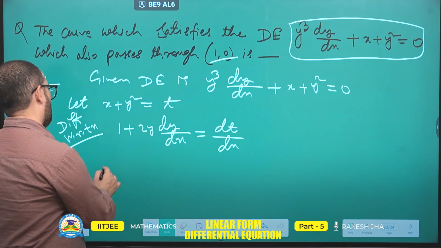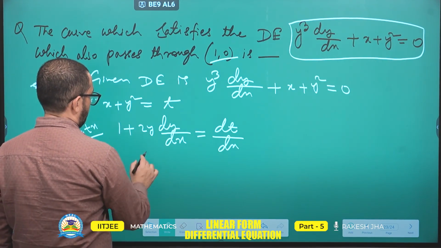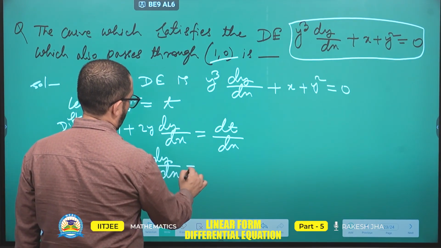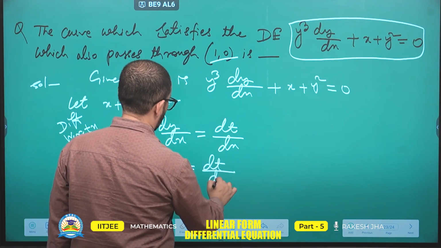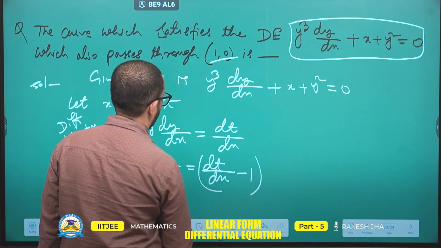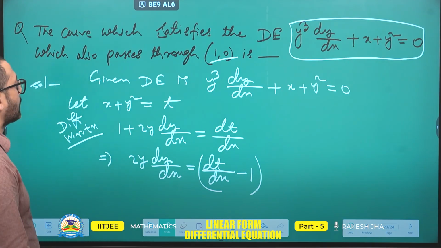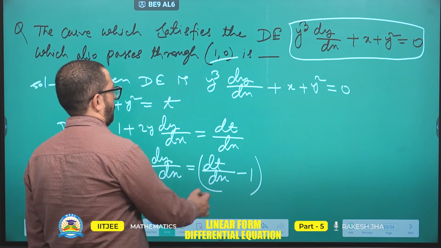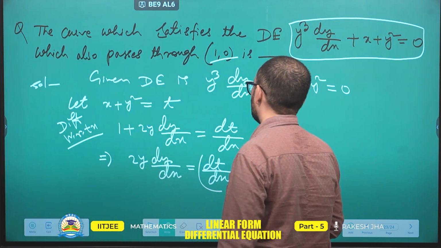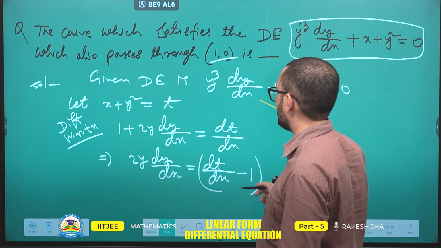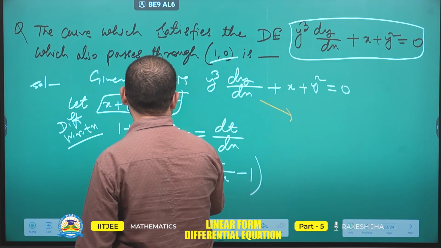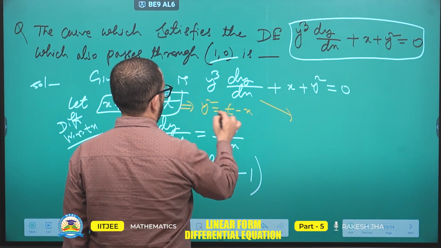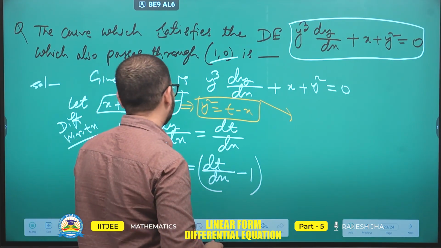Now the next would be 2y dy by dx is equal to dt upon dx minus 1. What exactly we want is y cube, so y square times y. Y square we can derive from here, that is y square is equal to t minus x.